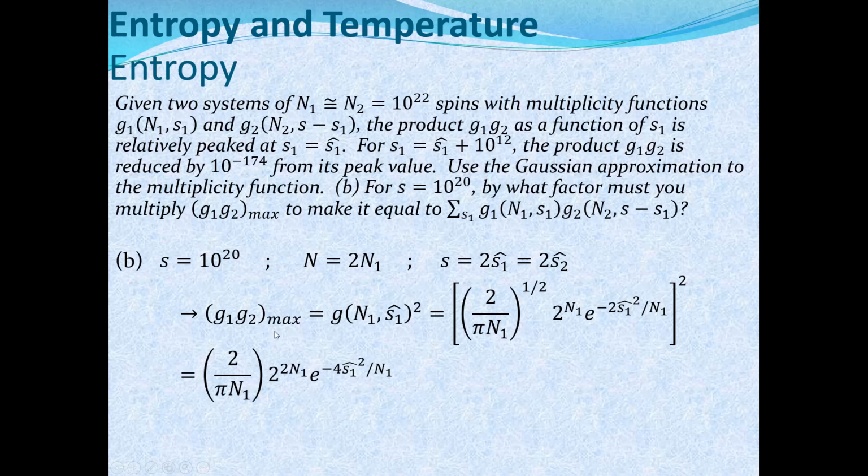So what we have is this. We know again that the max most probable configuration is going to be equal to the product of the individual ones. Now, since the number of particles, the number of spins, is the same for system 1 and 2, and we also know that the peak value is going to end up being the same, we could just square it, and we end up getting this term right here, which ends up simplifying to this.